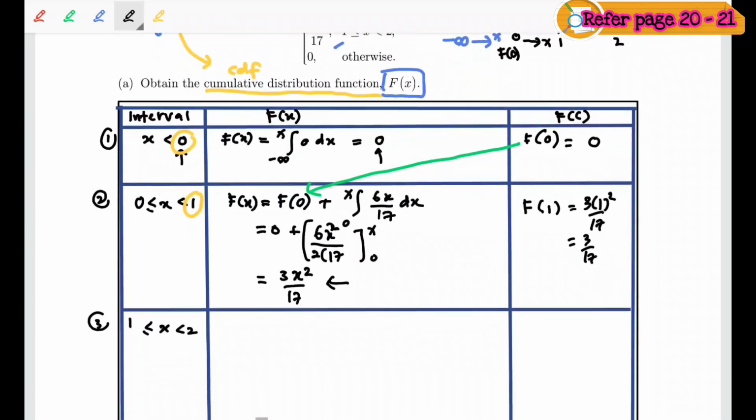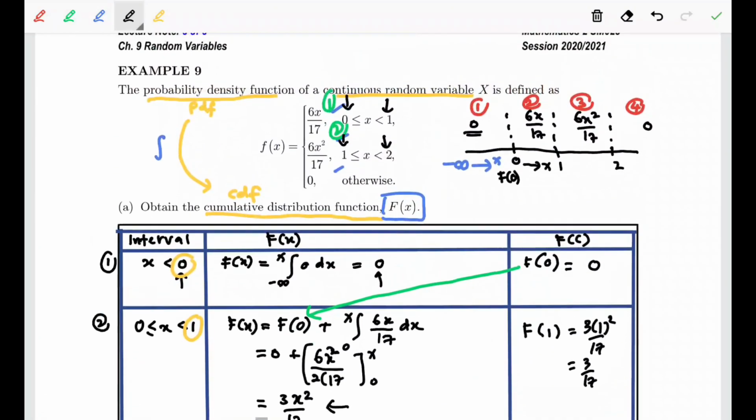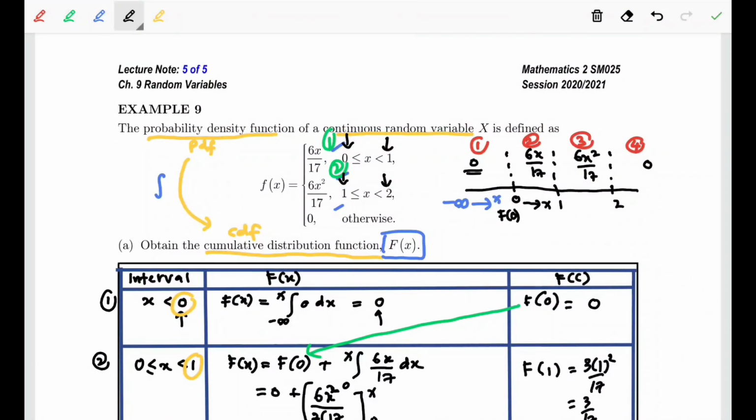Then we continue with the next interval. For the third interval, we are going to integrate from 1 until x.